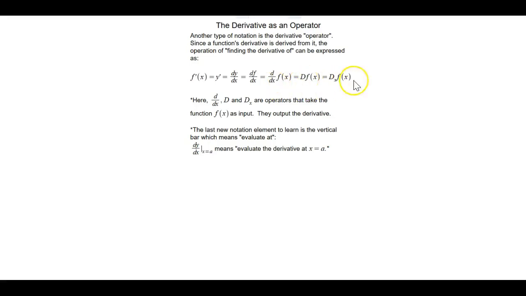Same with this capital D, or d sub x. And then finally, this vertical bar. So you might see the derivative with a vertical bar, or even just a regular function. This vertical bar with a subscript that says x equals some number means evaluate this function at this number a.